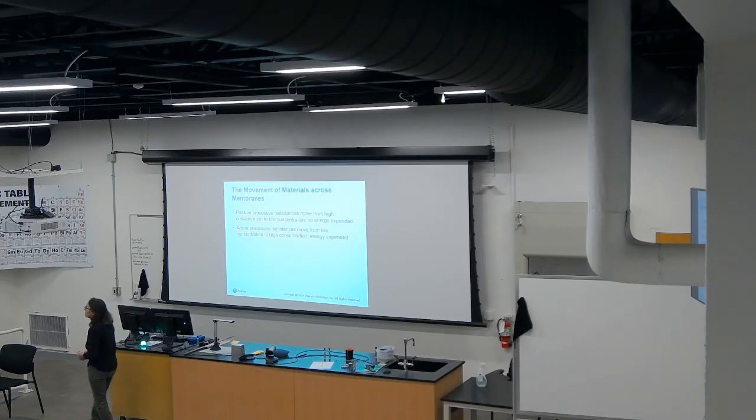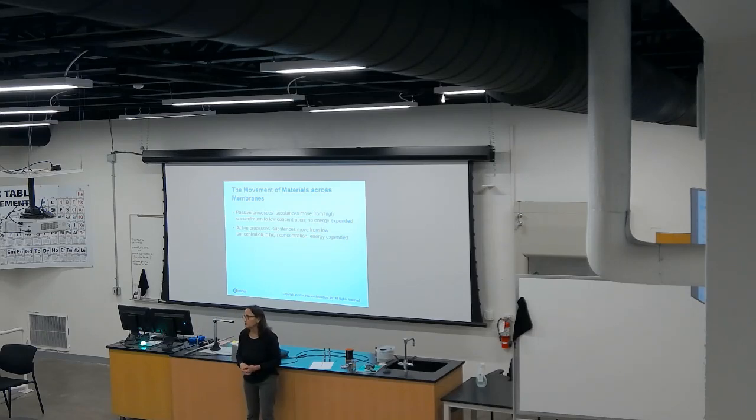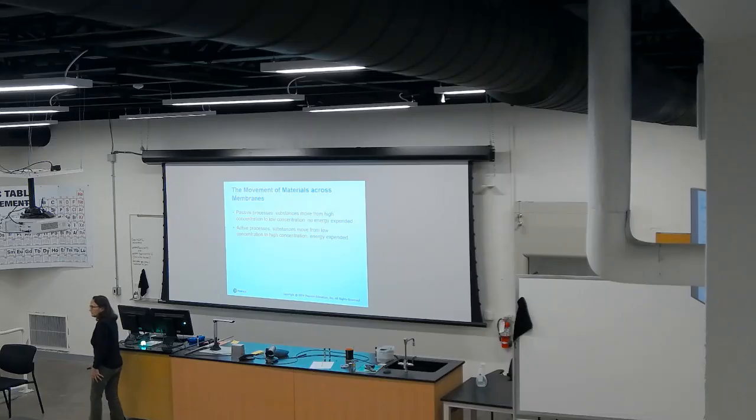Active process is against concentration gradient. So you spend energy. And here it's hard to compare right now, but it is something like if someone is going to go into the elevator and the elevator is packed already, but the person definitely needs to be at their appointment on the 20th floor in a big city.